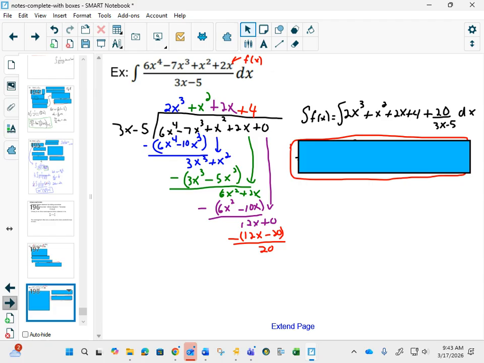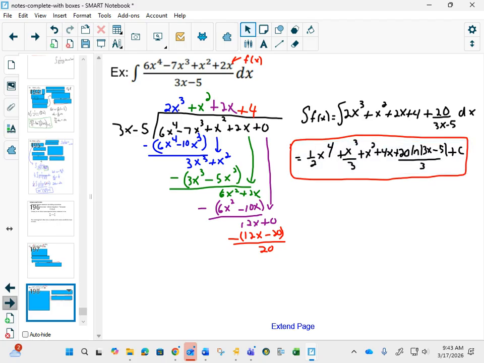And then integrating each of those is going to be relatively straightforward with a natural log at the end.